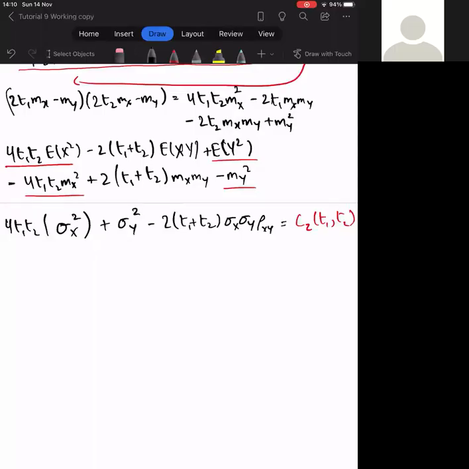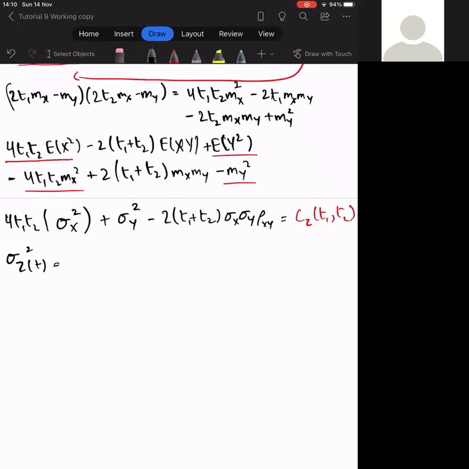Also keep in mind, if we want to find sigma z of t squared, the variance of z of t, if we just denote t1 t2 as t, that's just going to give us the variance of z of t. We're just substituting t1 and t2 with simple t.